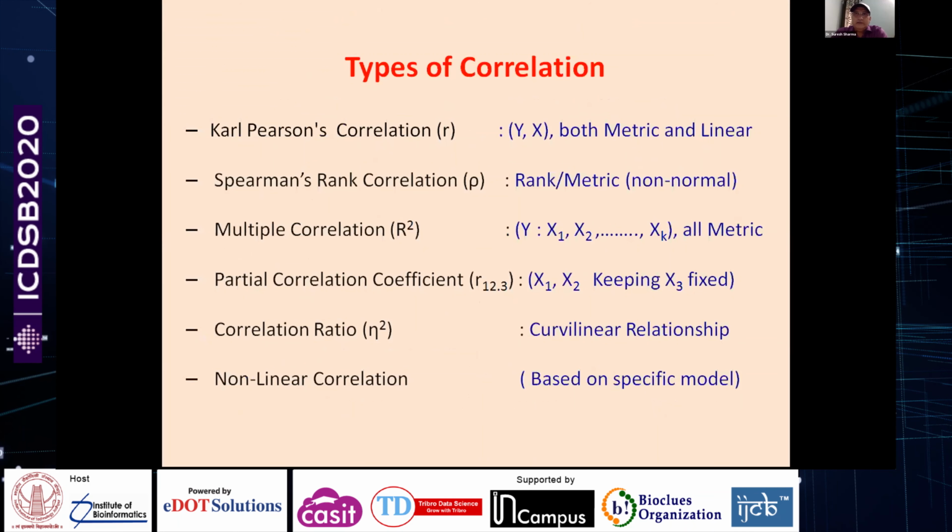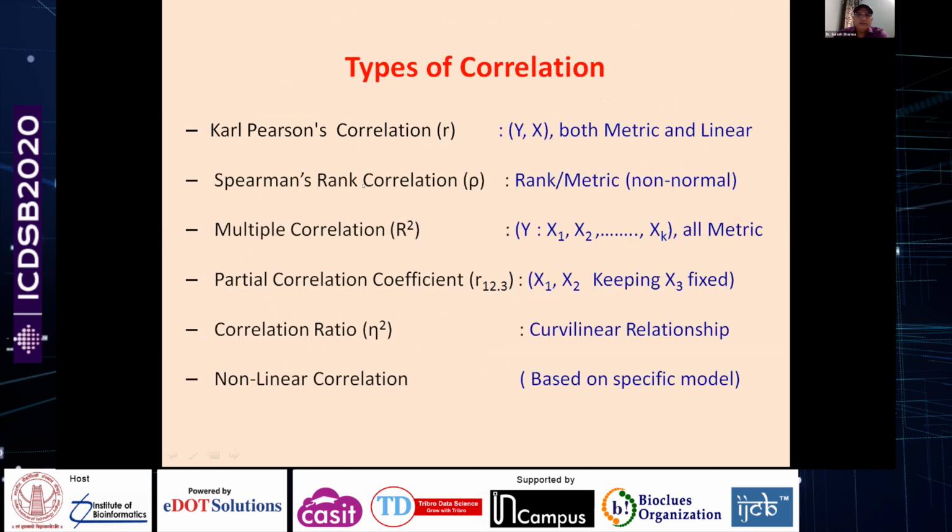Now, if you look at the different types of correlations, most bioinformatics people know Spearman's or rank correlation, right? And you see, Karl Pearson's correlation you can compute only when both X and Y are measurable quantities. But let's say one of them is categorical and another is a measurable quantity. You cannot apply Karl Pearson's correlation coefficient.